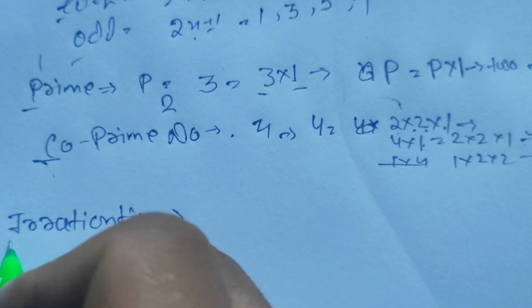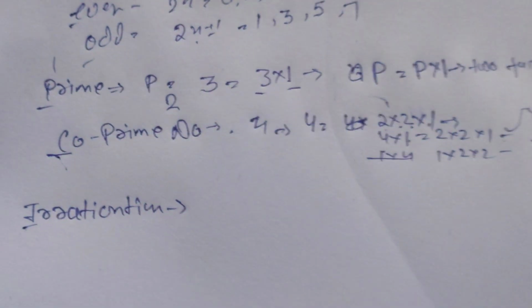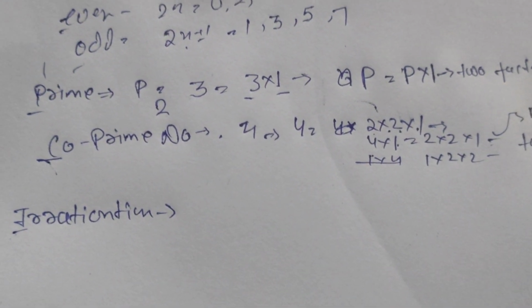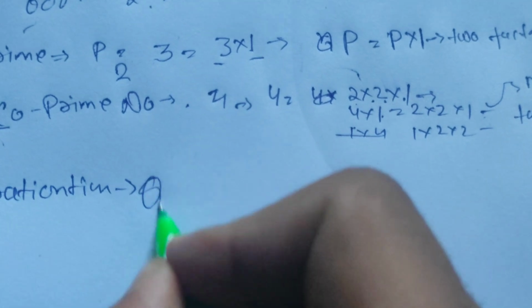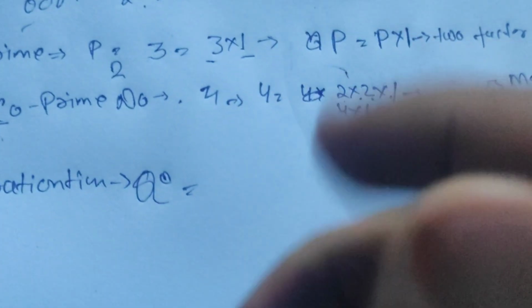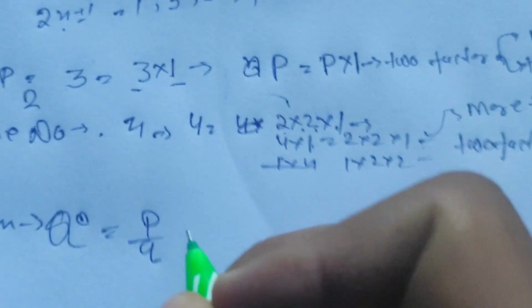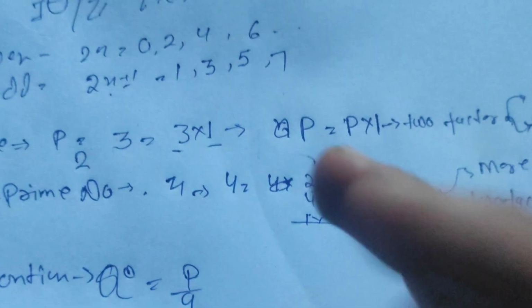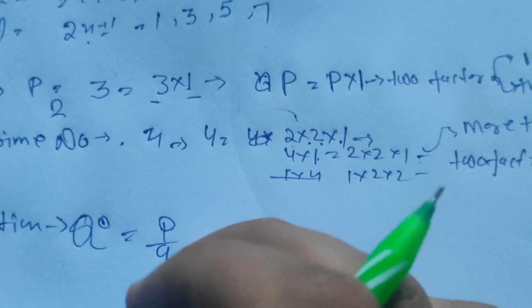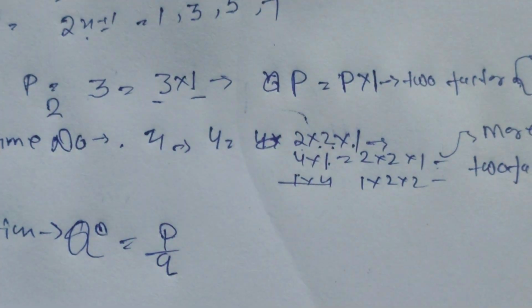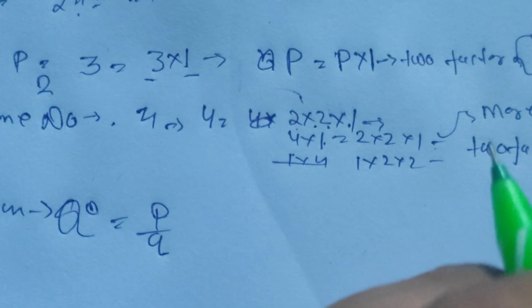Irrational numbers, we denote them as Q not. So all these numbers which are in the form of p upon q, we know are the rational numbers.